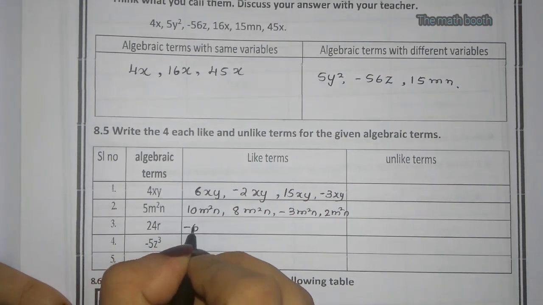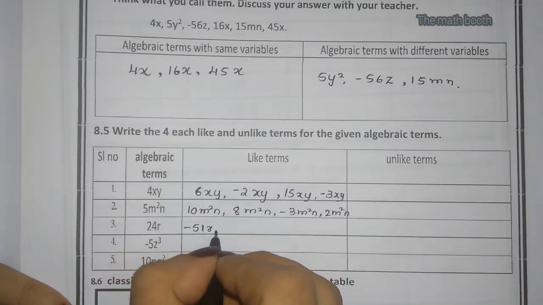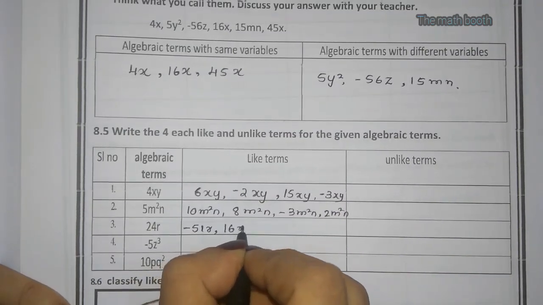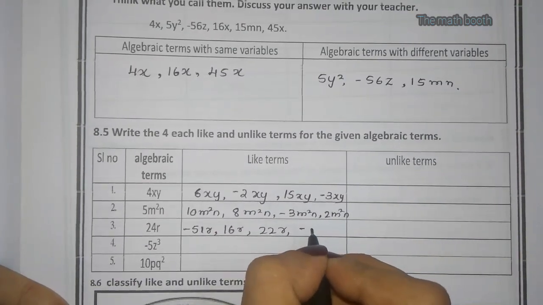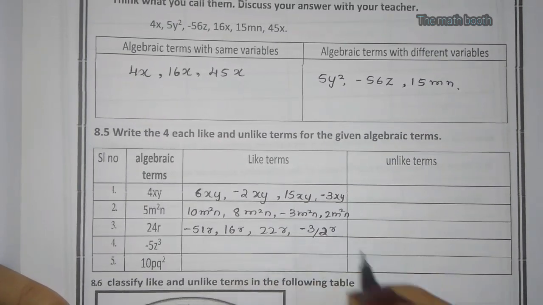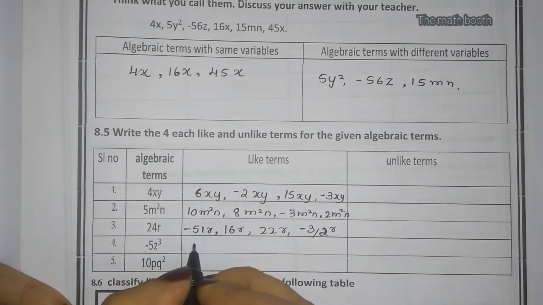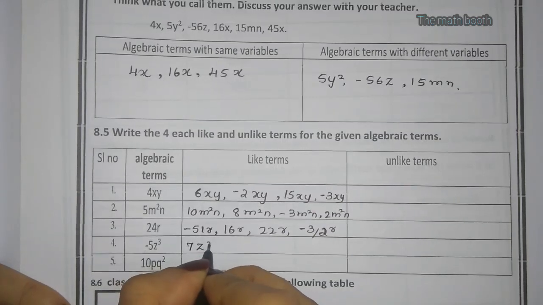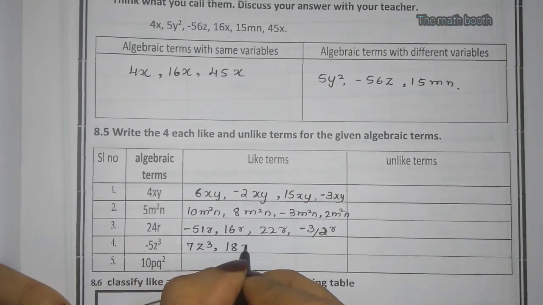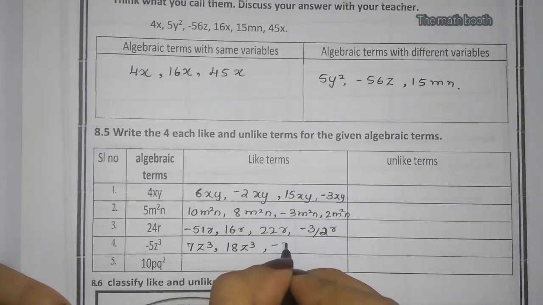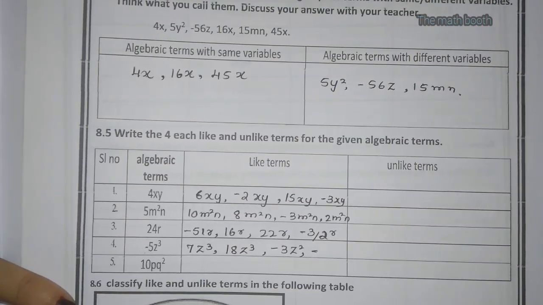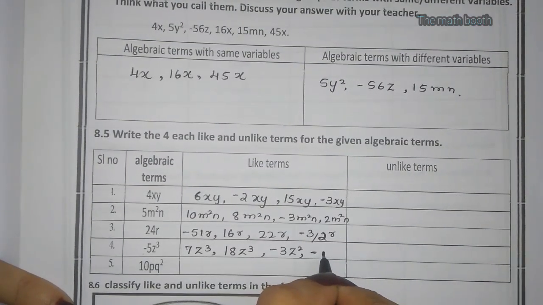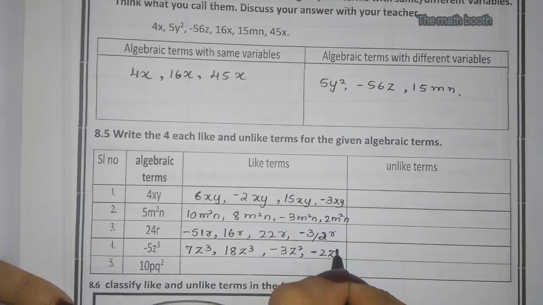24r, minus 51r, 16r, 22r, and we can write minus 3 by 2r. Okay, so anything. Minus 5z cube, 7z cube, 18z cube, minus 3z cube, minus 2z cube.